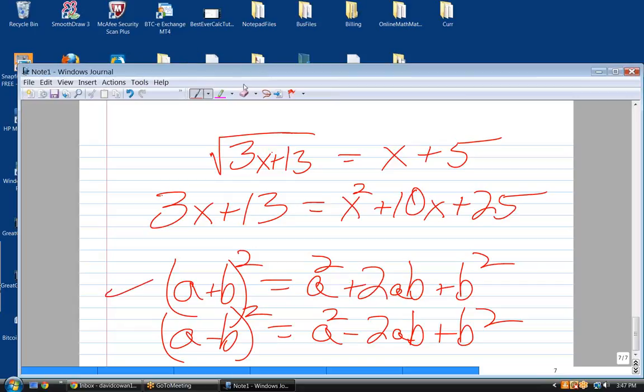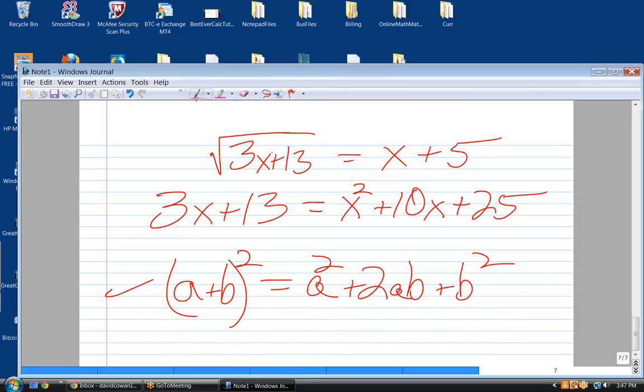And in other words, if I was squaring the following, let me give you one. Square that. And let's make it plus.